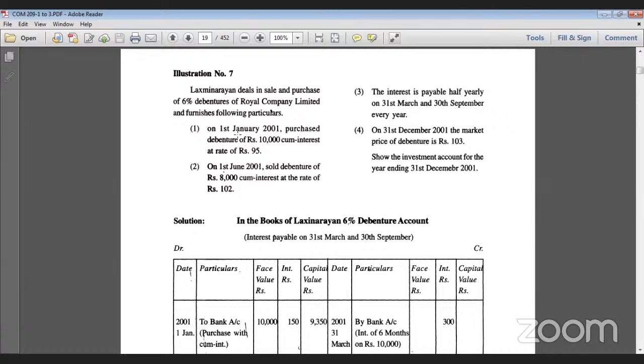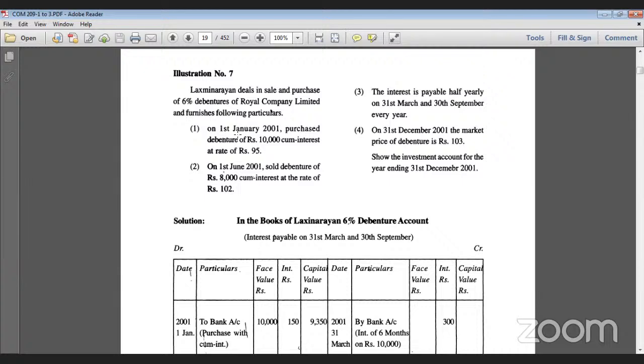Lakshmi Narayan deals in sale and purchases of 6% debentures of Royal Company Limited and furnishes the following particulars. On 1st January 2001, he purchased debentures of rupees 10,000 cum-interest at the rate of rupees 95.